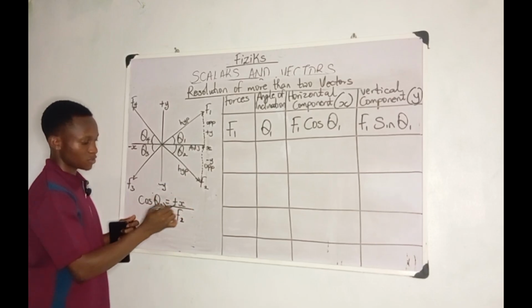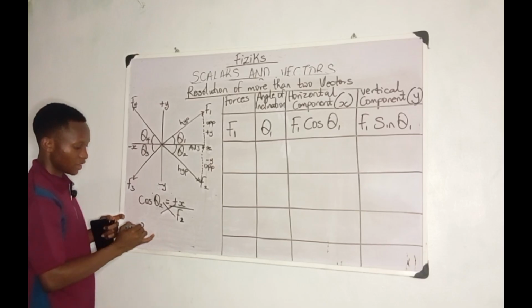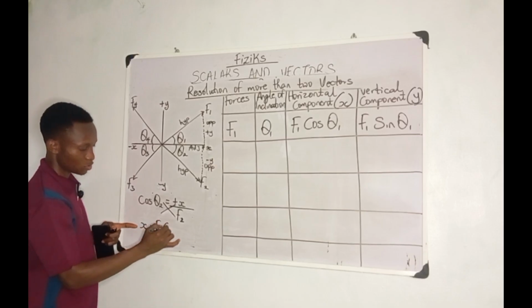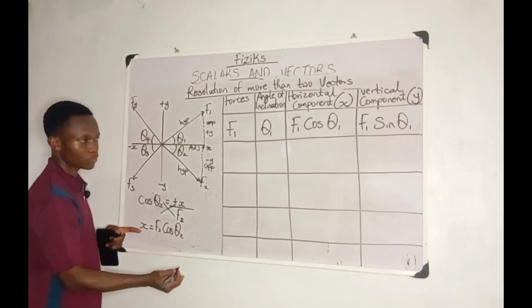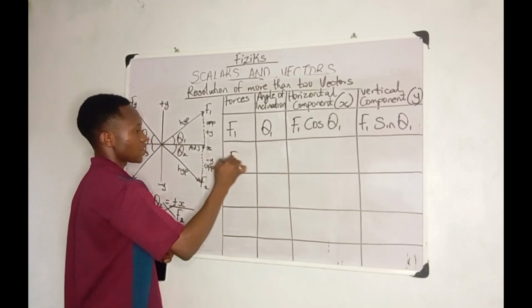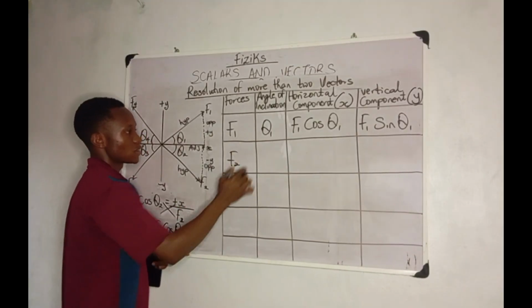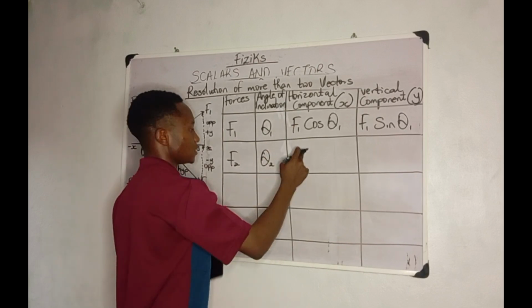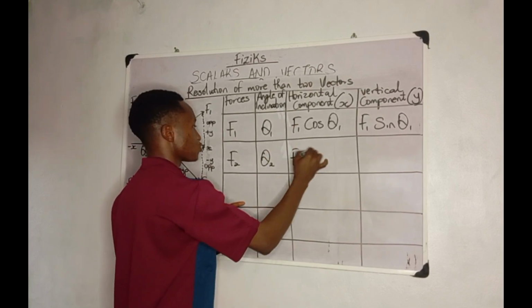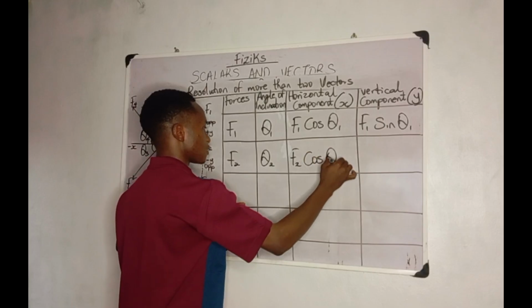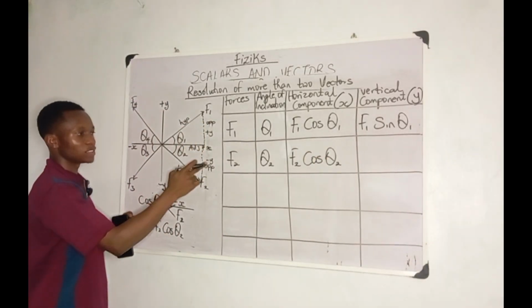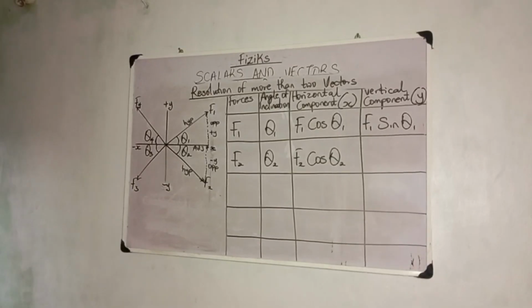When you cross multiply, you have x is equal to f2 cos theta 2. So here I'm going to write f2 as the force. The angle of inclination was theta 2, while this will now be f2 cos theta 2. Remember, it's still on the positive x, but on the negative what, everybody?